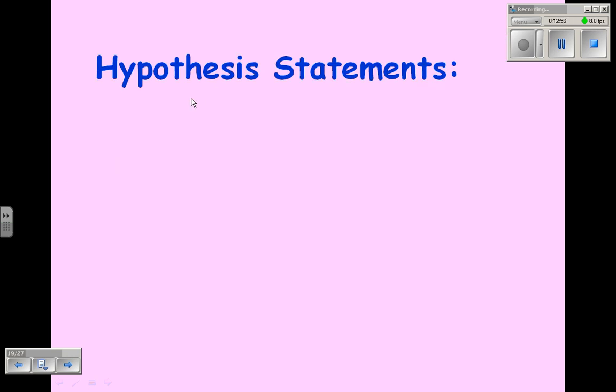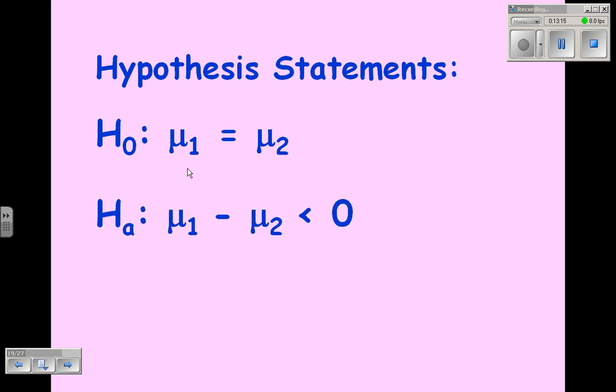Alright, welcome back. So now we're going into our hypothesis statements. The null is that the true difference in means is 0, that there is no difference in means. So you would do mean 1 minus mean 2 equals 0. Or you could say there is no difference and that they are equal. That would be another option. The alternate, there's a couple of different ways you could write that. mu1 minus mu2 is less than 0, or simply mu1 is less than mu2.